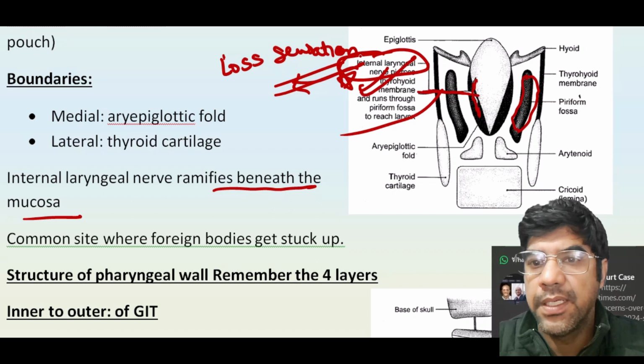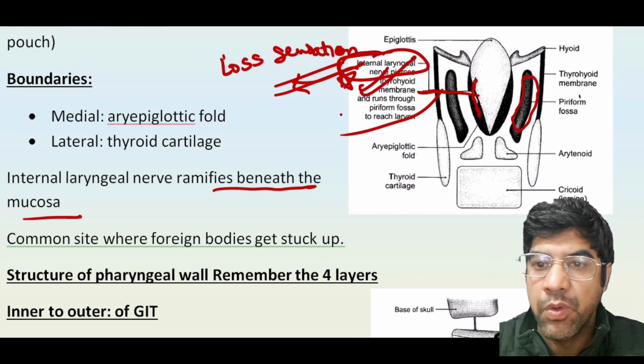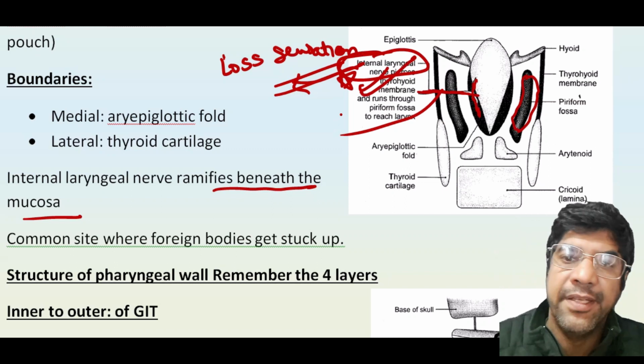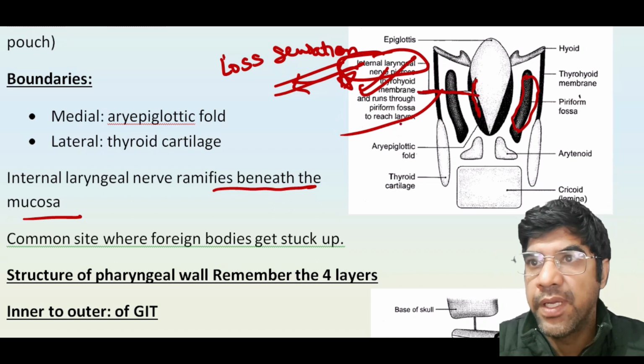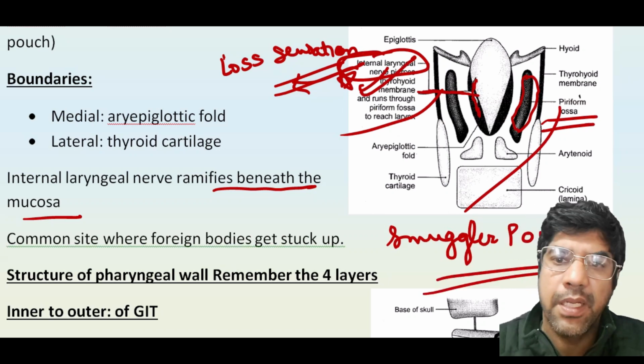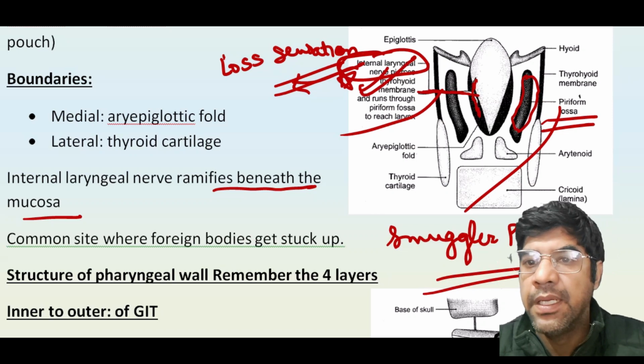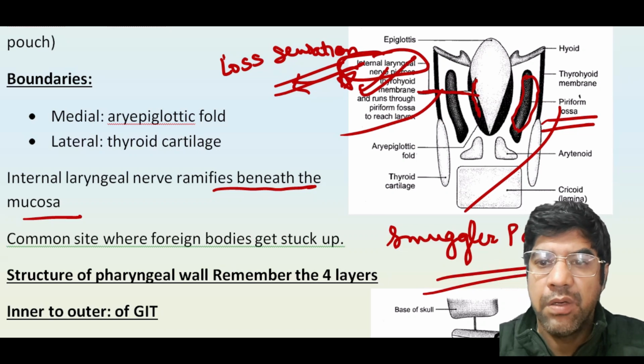Remember that the piriform fossa is a little pocket or dip in the throat, like a small hidden space. That is why it is also known as the smuggler's pouch. It is compared to a secret pocket where things might get temporarily stuck, just like smugglers hide things in a secret pocket to avoid detection.